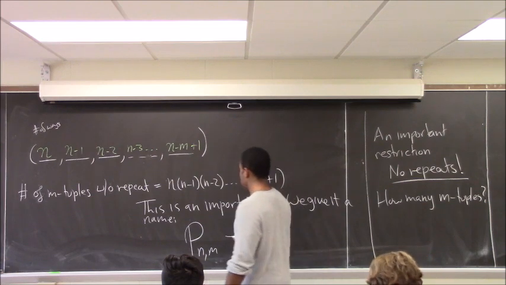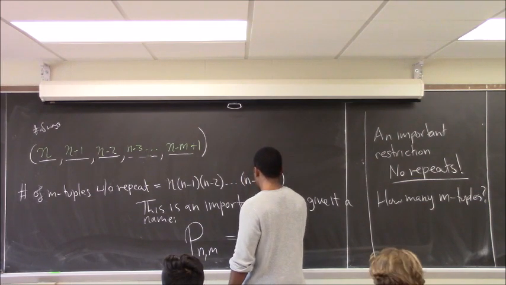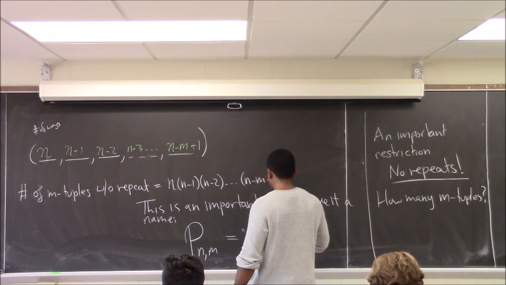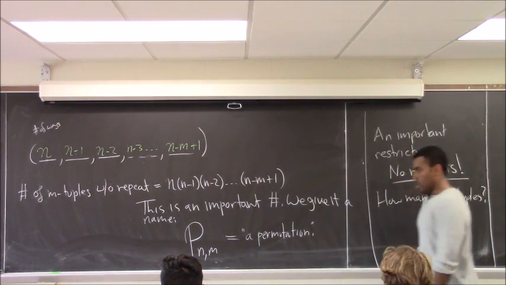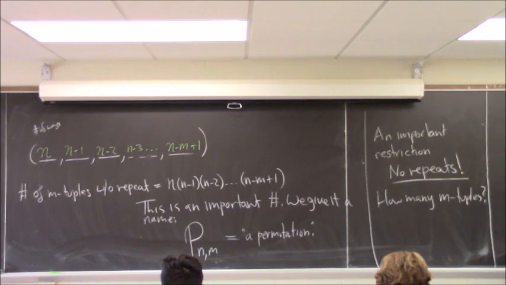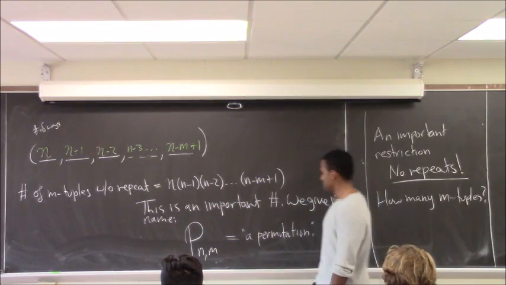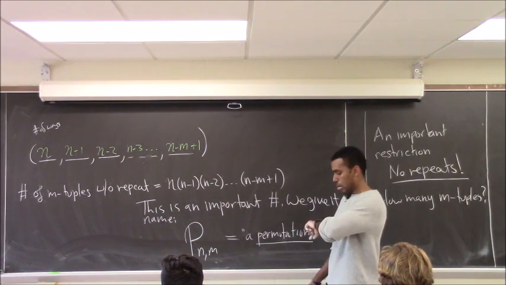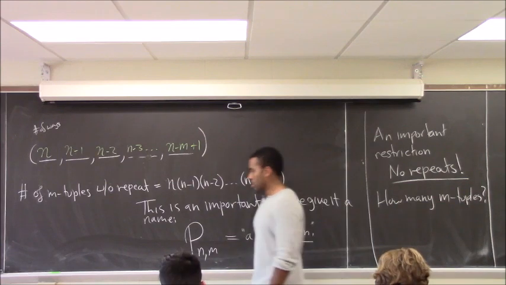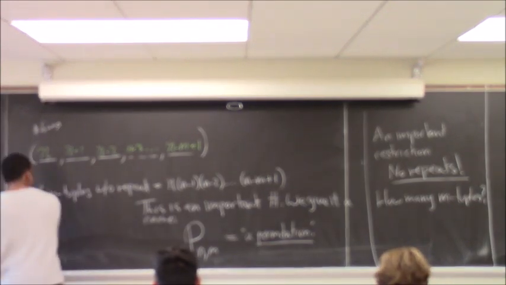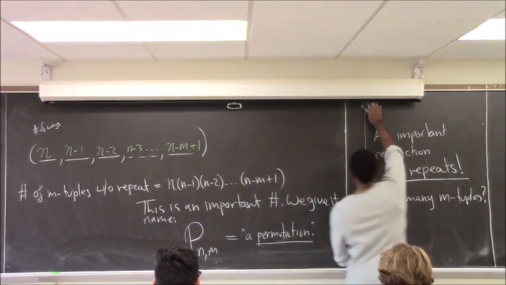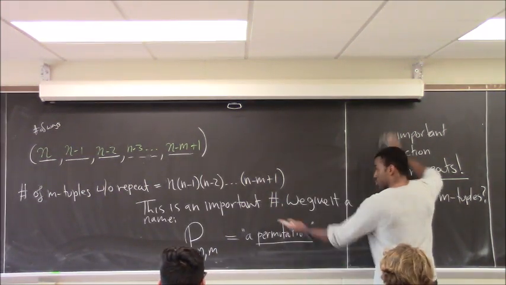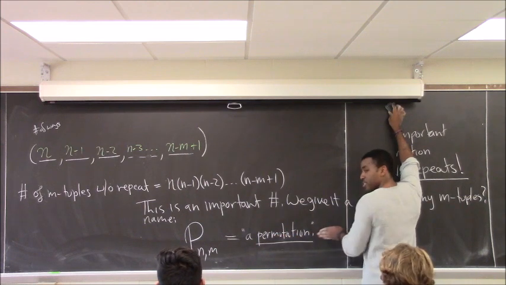It is called a permutation. Permutation of m objects from n objects. I'll tell you why the name permutation comes from next time. So we have something called a permutation. It is this expression. It's a very important expression. We came up with a name specifically for this expression.